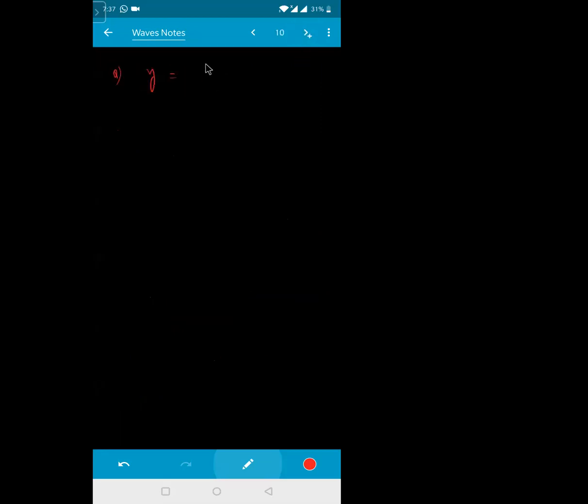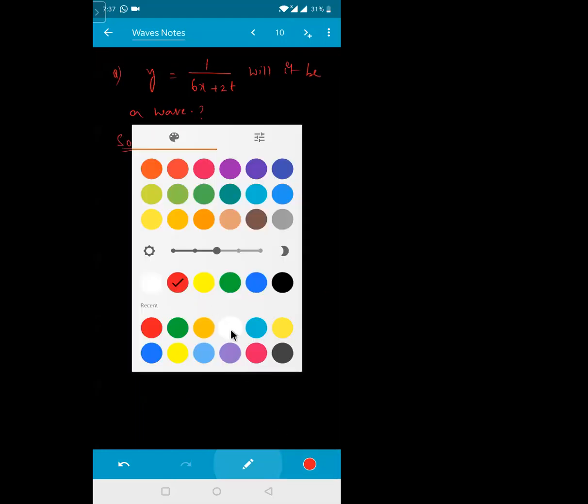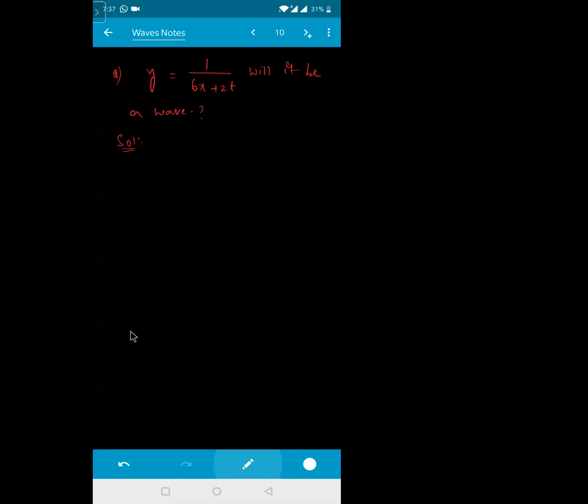If y is equal to 1 by (6x plus 2t), will it be a wave? Will it be a wave or not? No, sir. It is not a wave.